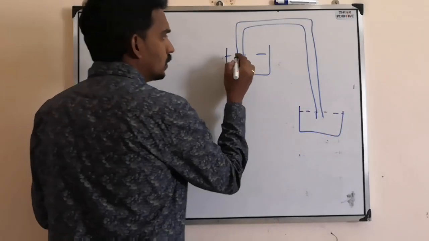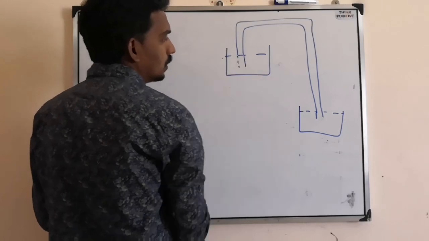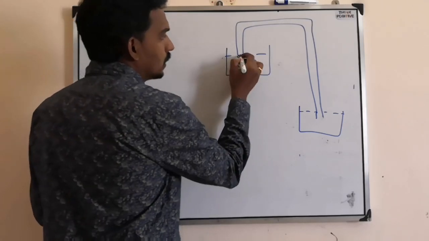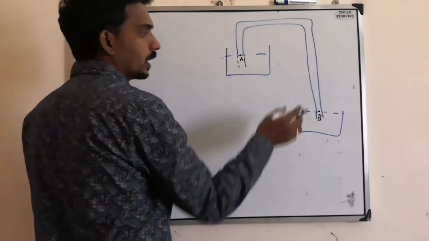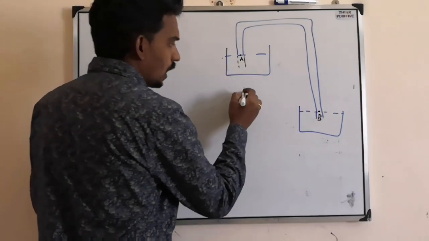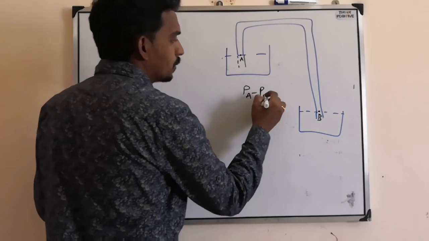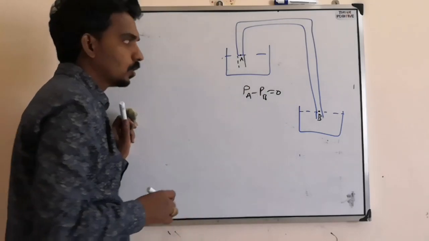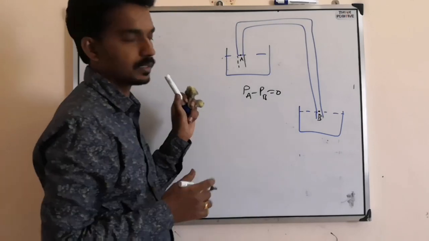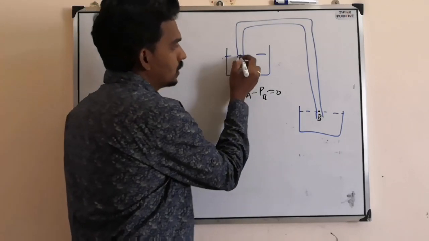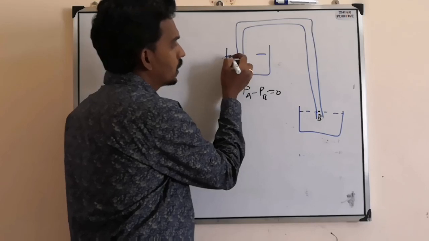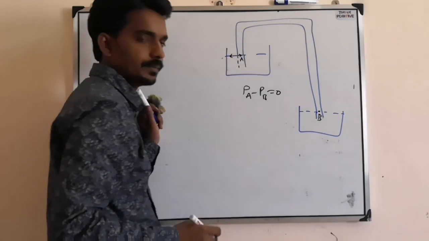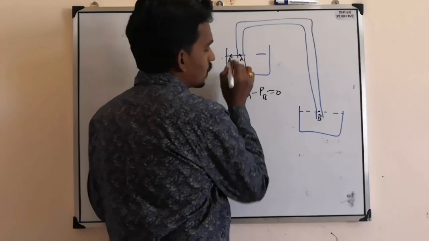Now if they ask, here A, here B, what is the pressure difference between A and B? I will say PA minus PB is 0. Don't say that they are at different heights. See here, the pressure should be same, that is equal to atmospheric pressure, because it is open to atmosphere.